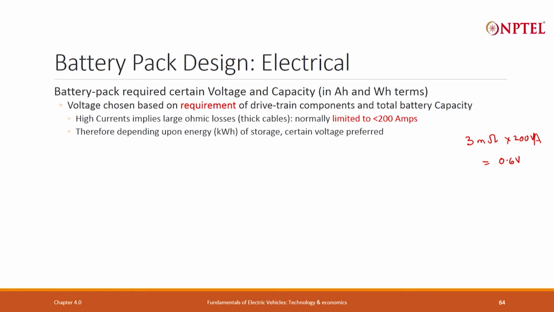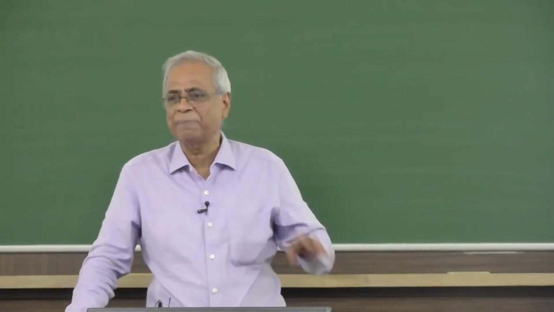I can get into serious trouble. And if I have two cables, one giving 1 milliohm and another giving 4 milliohm, there is a 3 milliohm difference, and there will be a 0.6 volt difference between two cells. One is nearly full, one is nearly empty. It is a horrible thing that can happen.